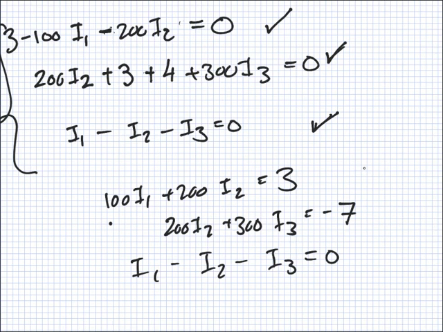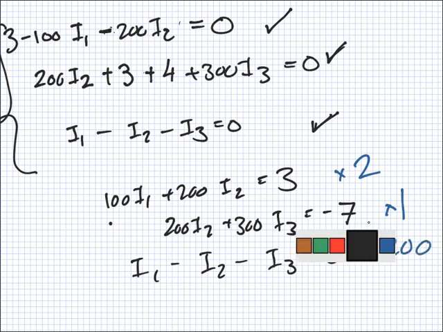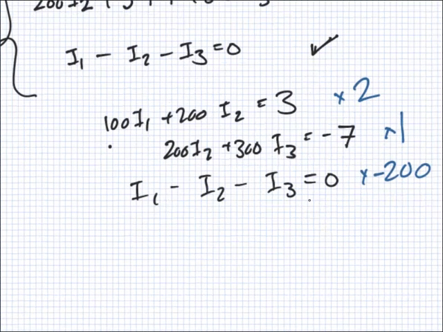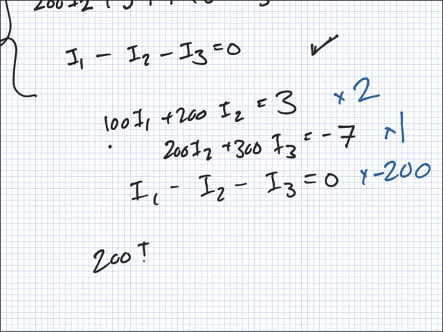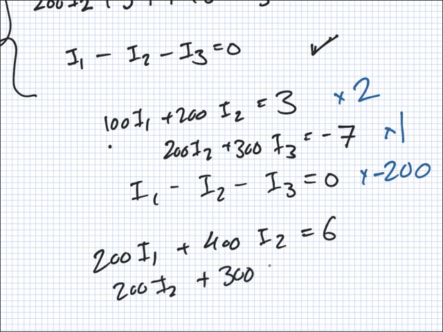What do I cancel here? I2, yeah. So I'll have to multiply that by 2, keep that the same, and multiply that by minus 200. So now I get 200 I1 plus 400 I2 equals 6. And then here it's 200 I2 plus 300 I3 equals minus 7.